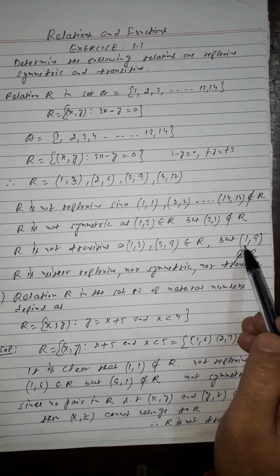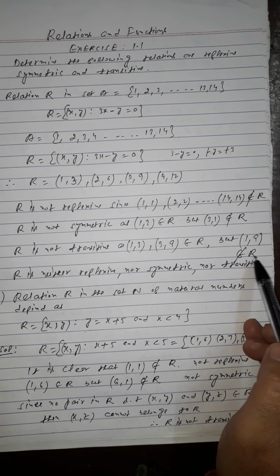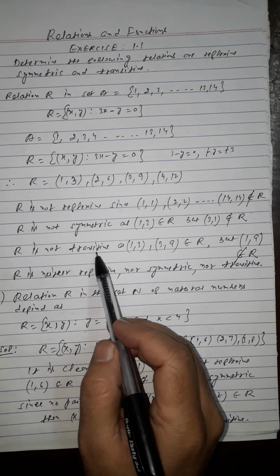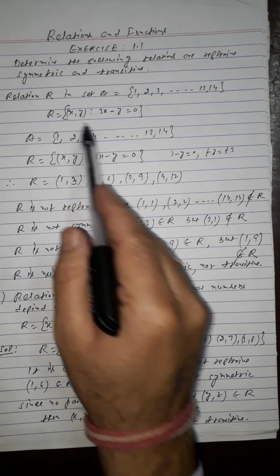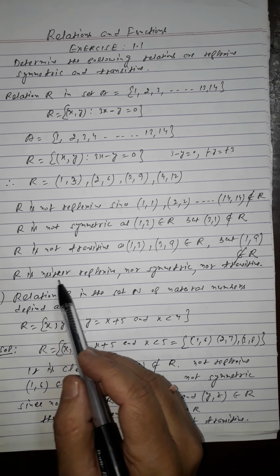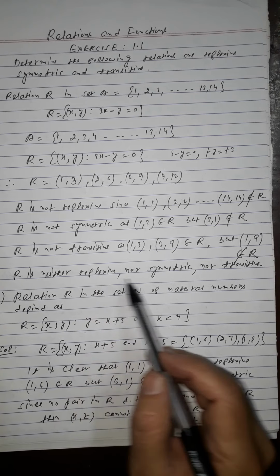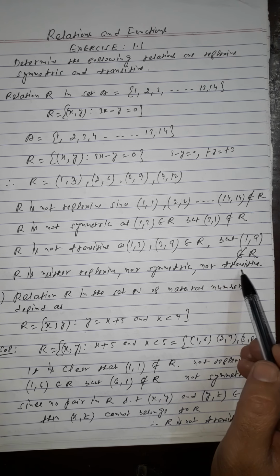But here (1, 9) doesn't belong to R, therefore this is not transitive. Therefore the given relation is neither reflexive, nor symmetric, nor transitive. That is your question number 1, its first part.